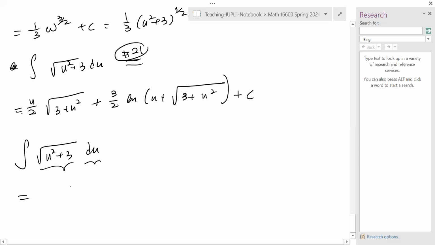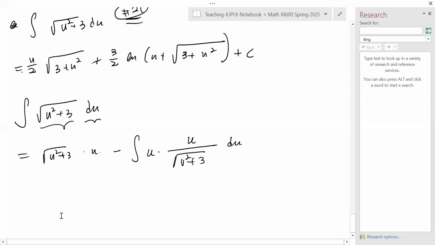There are two parts here, so it's going to be u times the square root of u squared plus 3, minus, and then switch the order: u times the derivative of the square root of u squared plus 3, and du. The derivative of the square root of u squared plus 3 is u over the square root of u squared plus 3.